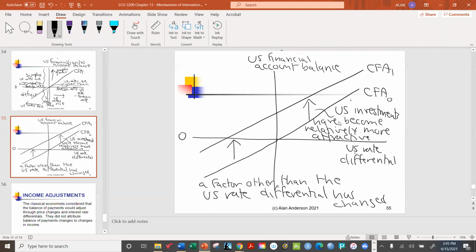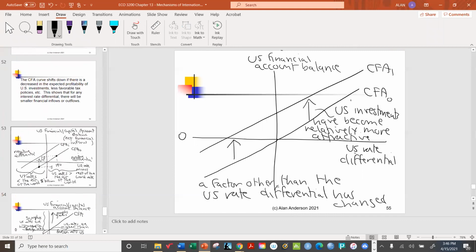In other words, there's something going on that's causing people to want to buy more US assets than they did previously, even at the same levels of interest. So what could cause something like that? Why would it suddenly become even more attractive to invest in the US?